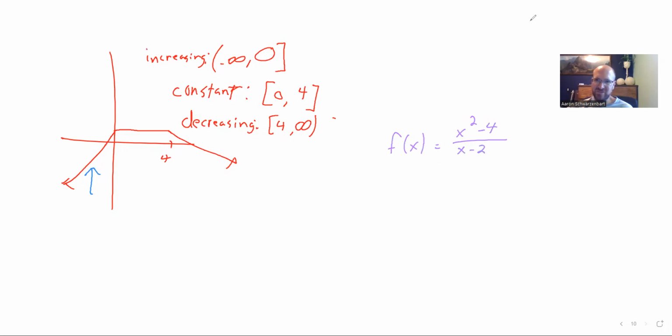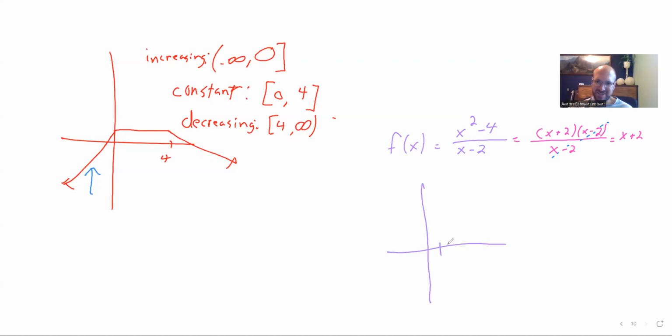If I chose to simplify this one, I can factor that numerator into x plus 2, x minus 2, and my x minus 2's can cancel out, leaving me with something that functionally looks like x plus 2.